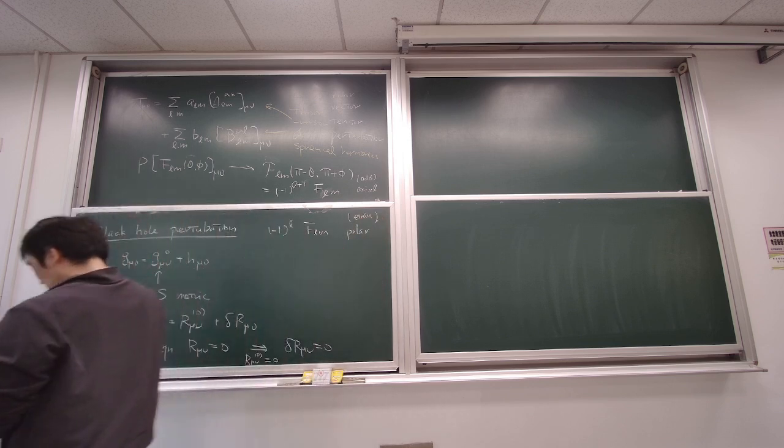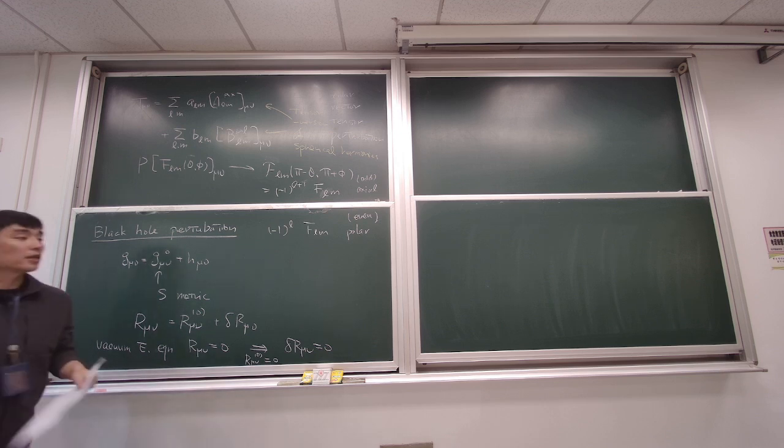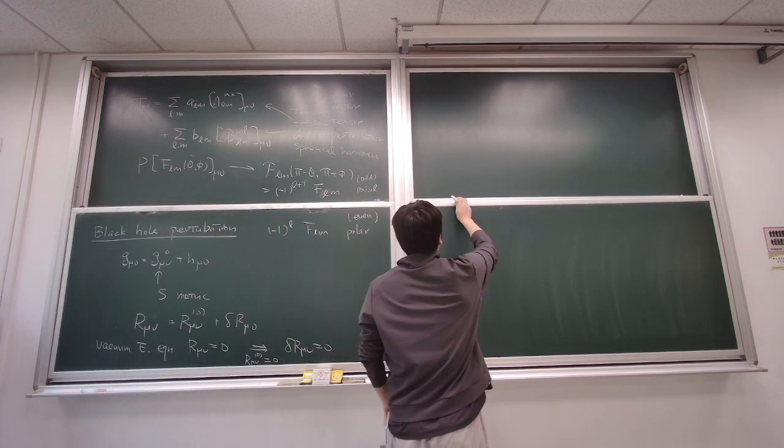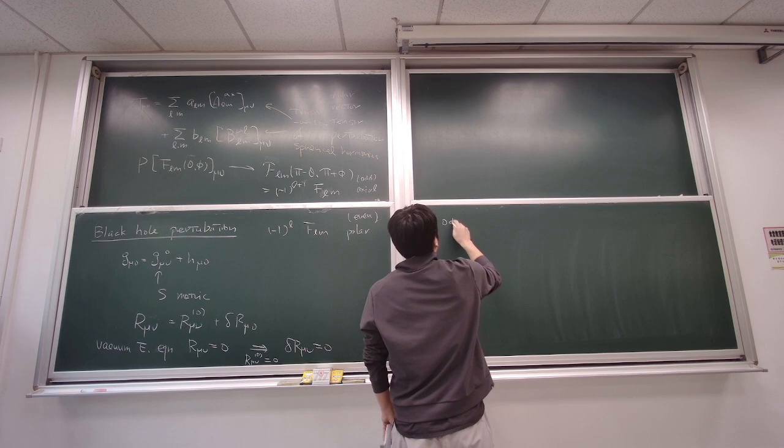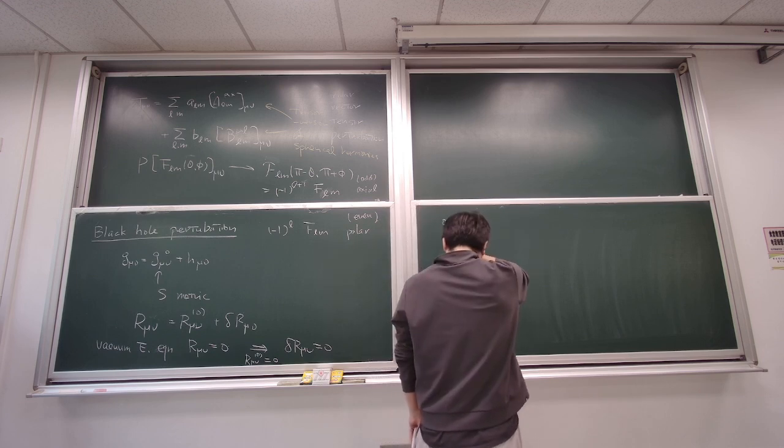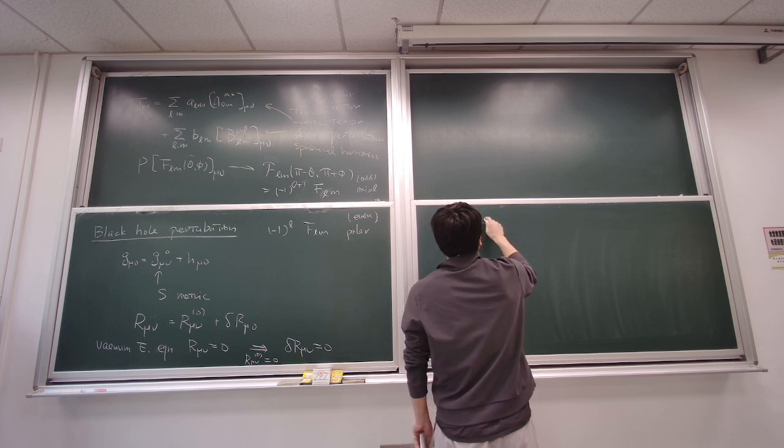So this is the perturbation theory, and we want to derive the equations. The odd case is easier, and this is called axial.